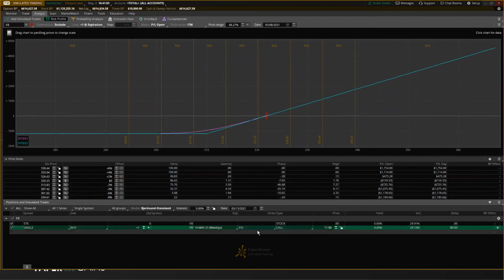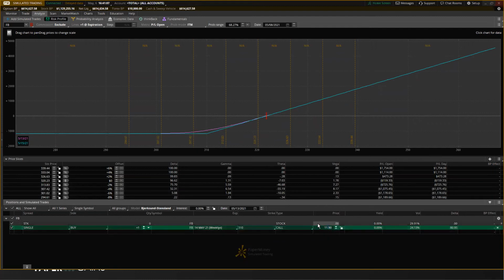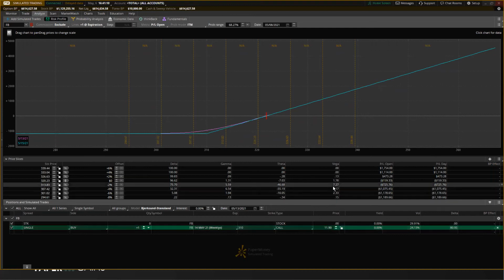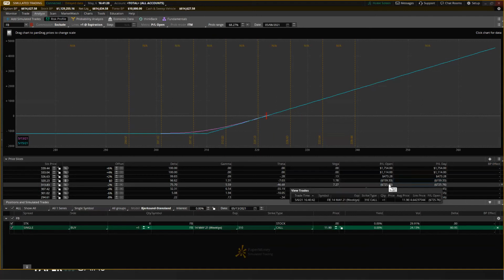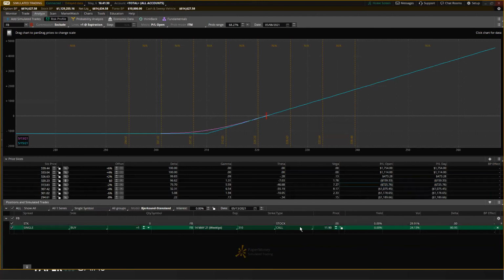If I just buy the 310, well, it's going to cost me $1,200. I don't think anybody here would do that. Just doesn't look good. If it goes nowhere, I lose 160 bucks. If it goes down, I lose a lot. That's almost $1,200. I don't even know what percentage that is. That's like go cry in the corner percentage for sure.